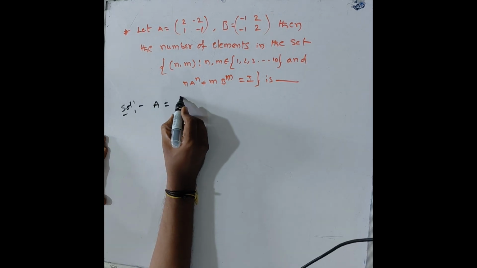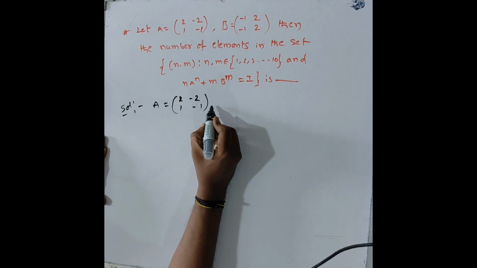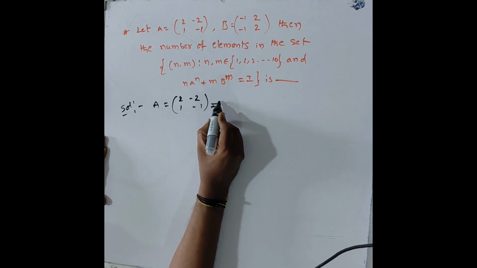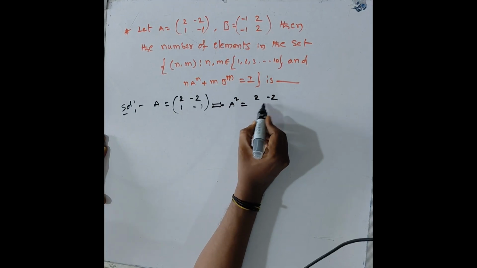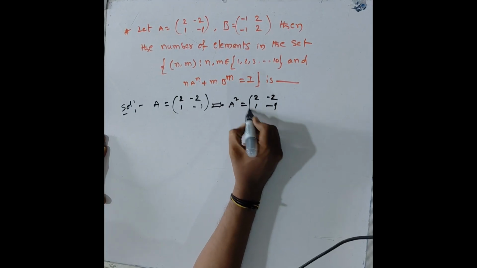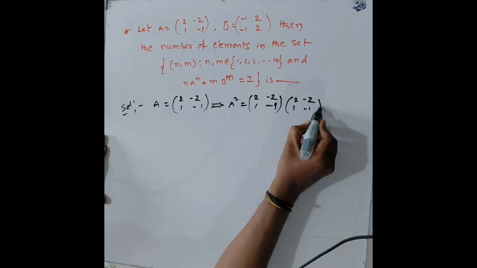A is equal to [2 -2; 1 -1]. This implies A squared is equal to [2 -2; 1 -1] into [2 -2; 1 -1].